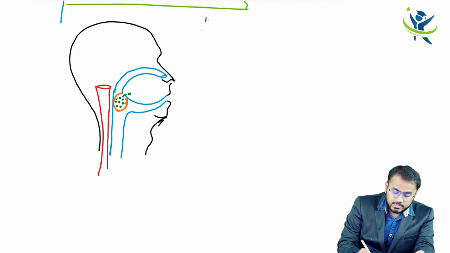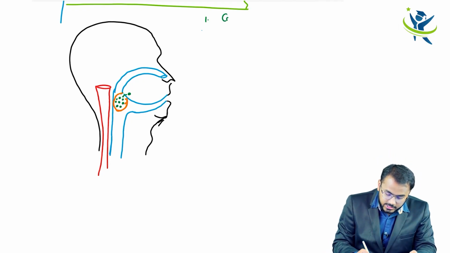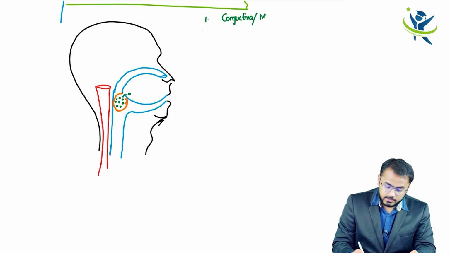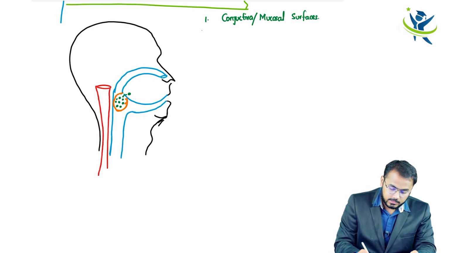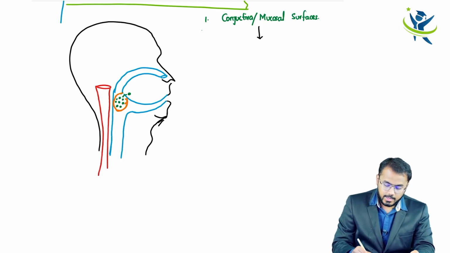So what is the first thing that is happening, guys? Once it enters into the conjunctiva, or let us say entry through the mucosal surfaces, this virus can enter into my tonsils and replicate in my tonsils.